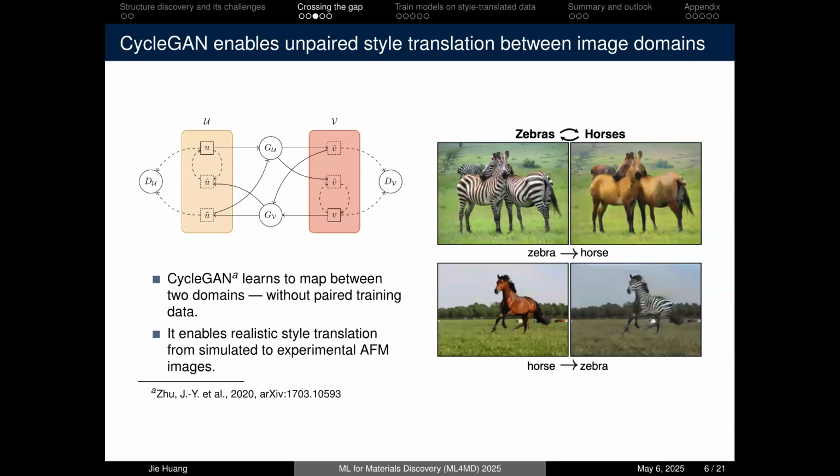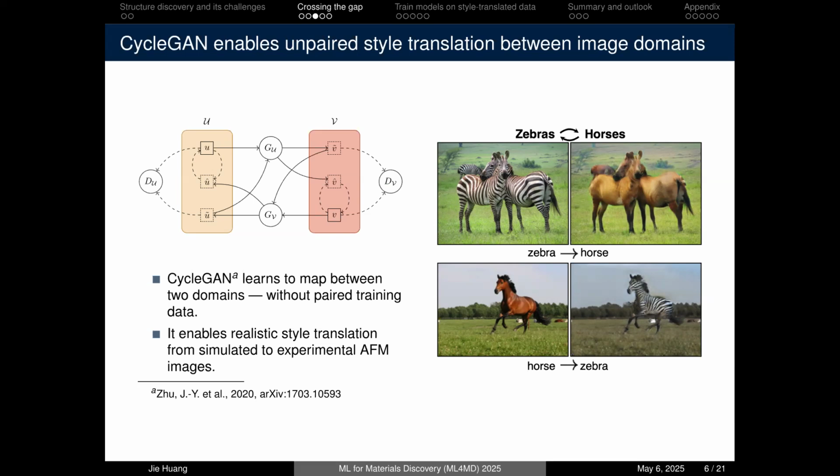So how can we achieve this style translation? We use a framework called CycleGAN. CycleGAN learns the map between two domains without paired training data, which means to train this framework, what we need to do is collect two sets of data, one from simulation and another from experiment, so that after training, it can do the style translation.